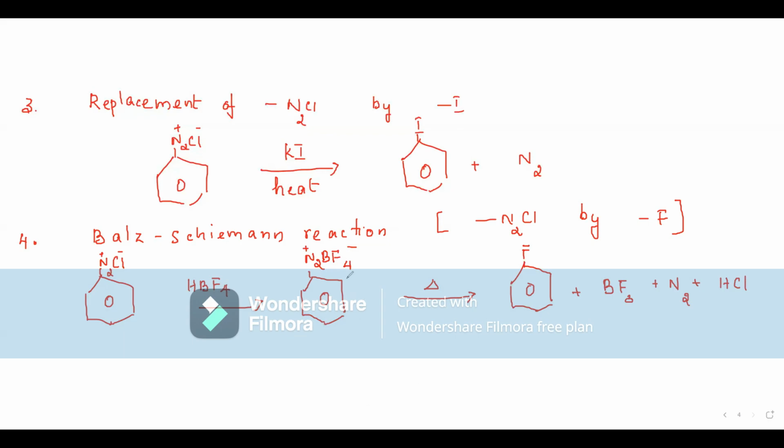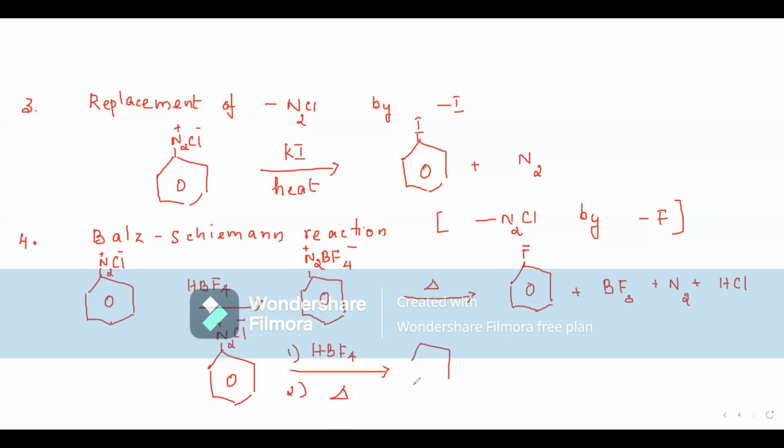Alternatively, you can write this reaction without mentioning the intermediate. This is keeping the board examination in mind, all right? So write benzene diazonium chloride gives, first of all, write number 1, you are treating it with HBF4. Number 2, you are heating. So this clearly tells initially you're treating with HBF4 and whatever product you get, that is heated.